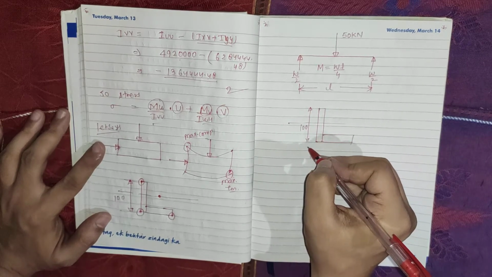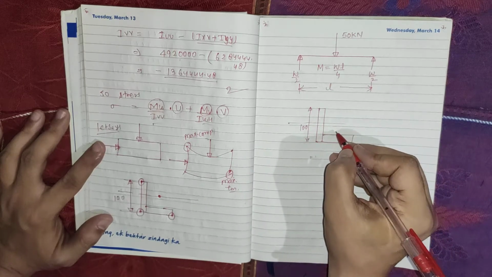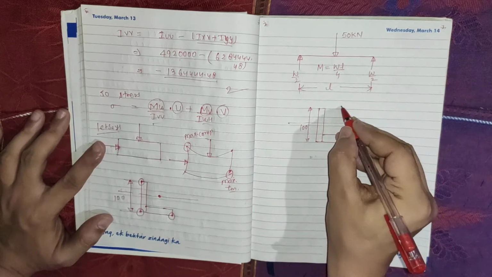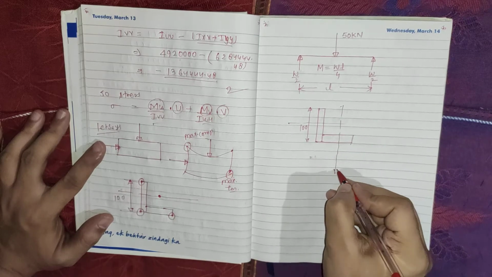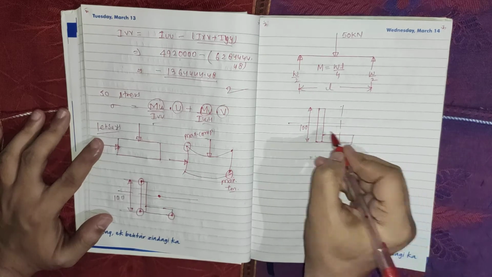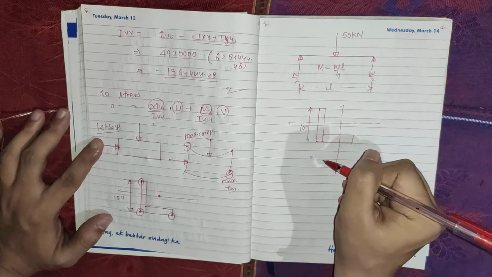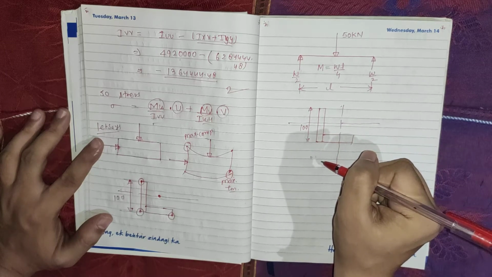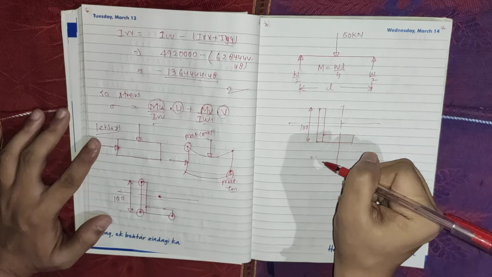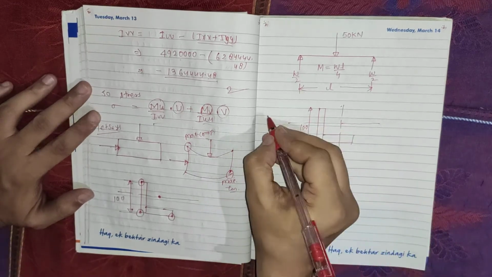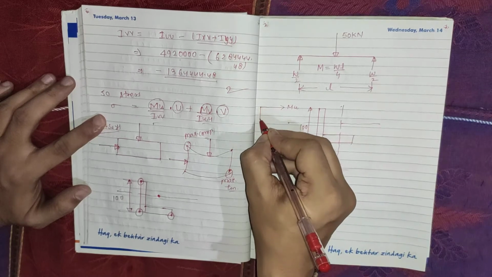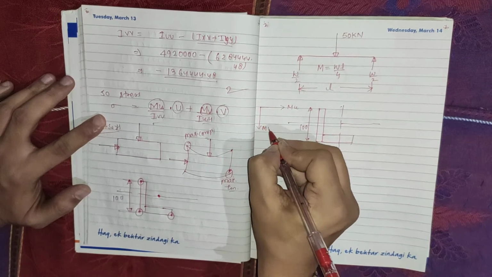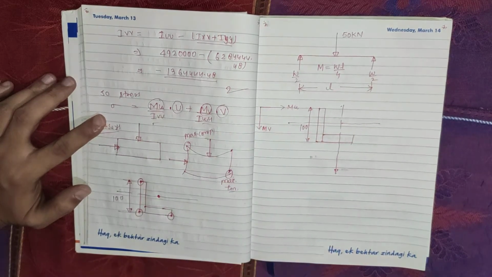Okay, so this is the y-axis, and this is the x-axis. Is it clear? So let's say this is the Mu component and this is the Mv component. From where this comes, actually I'm telling you.